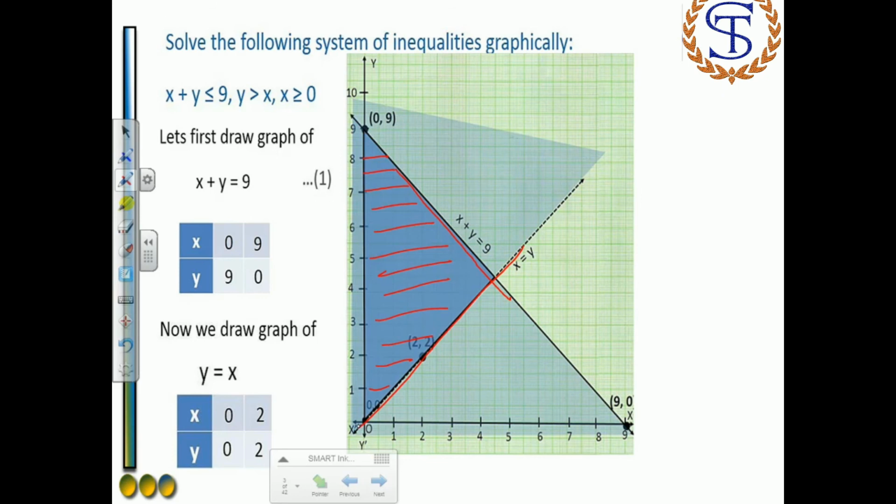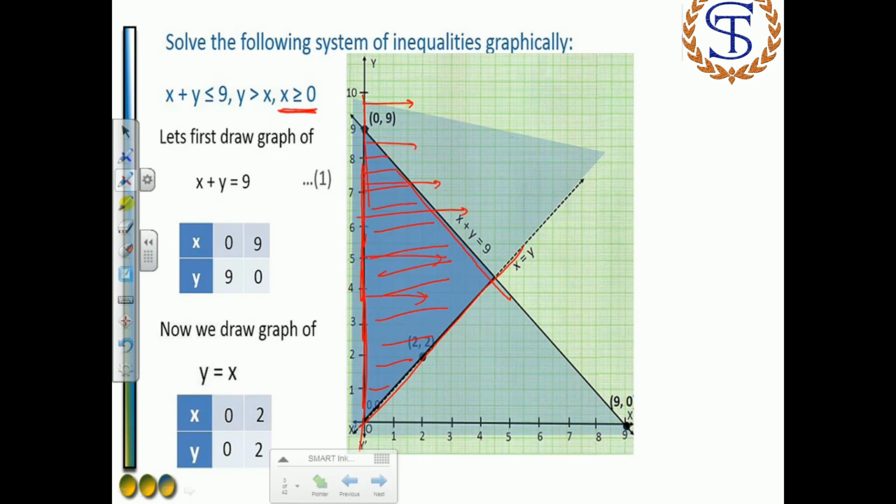But here the third inequality is also given to us. x is greater than 0, and this is the line for x equal to 0. It is greater than 0, which means we have to shade in this way.